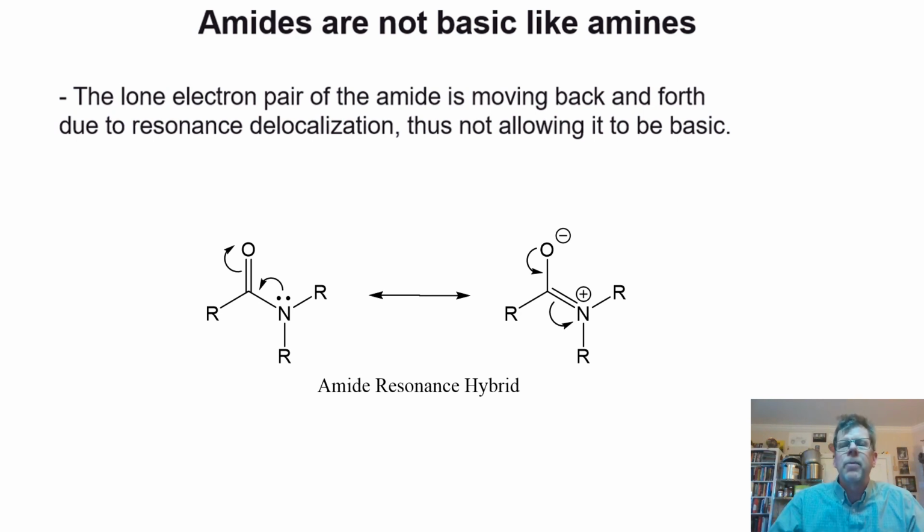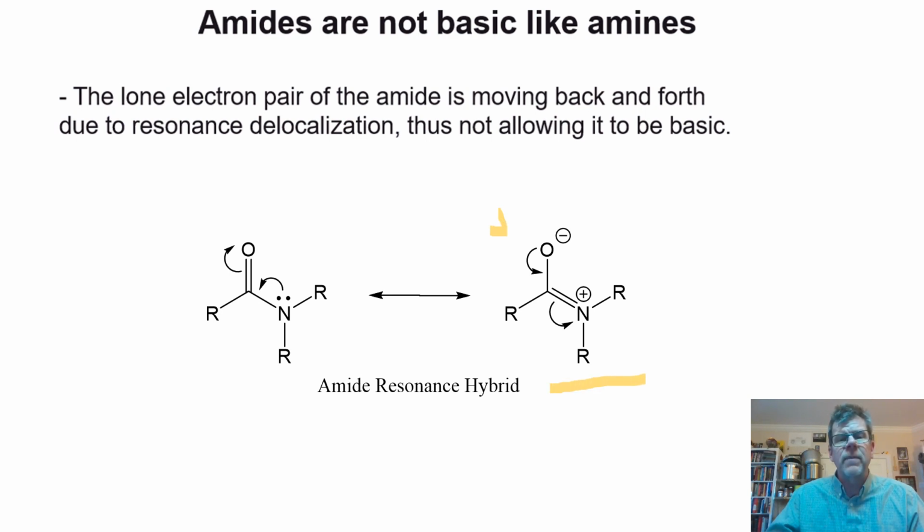Do you remember back when we were looking at aromatic hydrocarbons? We had in the aromatic ring, the 6-membered ring with alternating double and single bonds. We had those double bonds being able to sort of zip around that ring. They were considered delocalized. Well, the same idea works with amides. We're sort of going back and forth between one structure and another, so that the actual structure of the amide doesn't look like this, and it doesn't look like that.